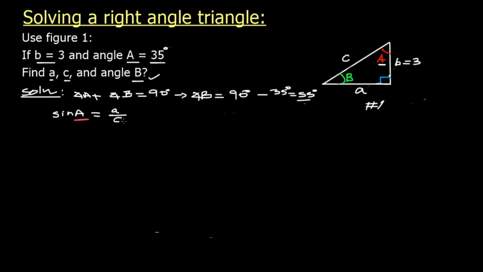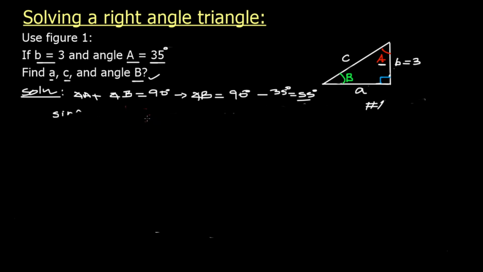We don't know the value of C, the hypotenuse, and we don't know the value of A. So this is an equation that has 3 variables and 2 of them are unknown, therefore it is not going to help us. All right, let's see what other equation we can use.